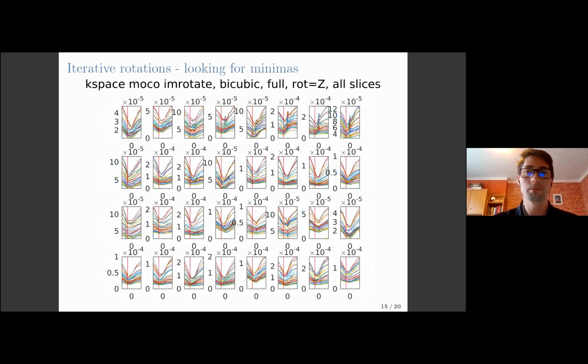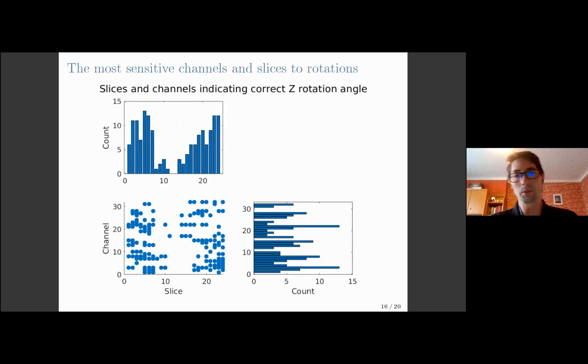And this is the same plot, but for all slices, so you can see that the tendencies are quite clear for some of the channels here, and for others, not so much. And then we can find which channels are the most sensitive to motion and also which slices.